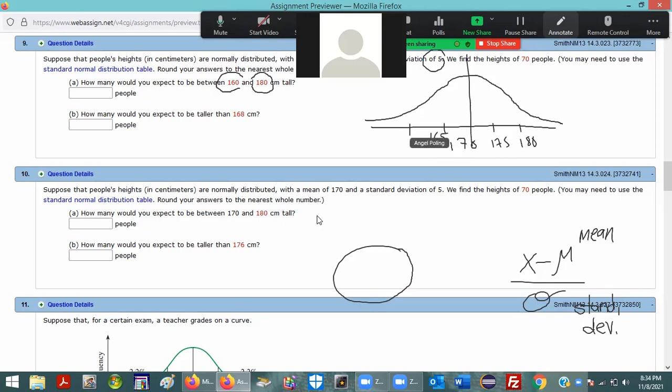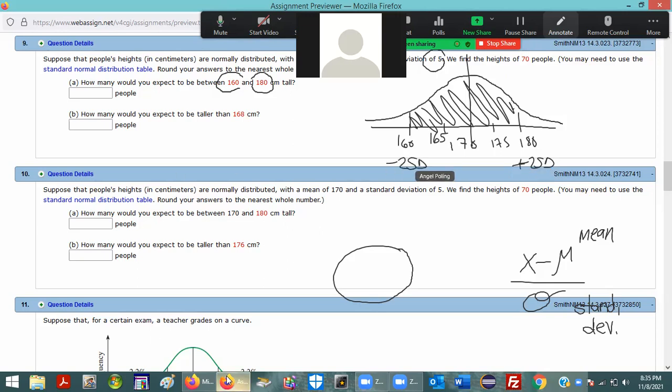And two standard deviations below, we're at 160. And so they're asking us to find the area between these two, right? This is mean plus 2 standard deviations, and this is mean minus 2 standard deviations.